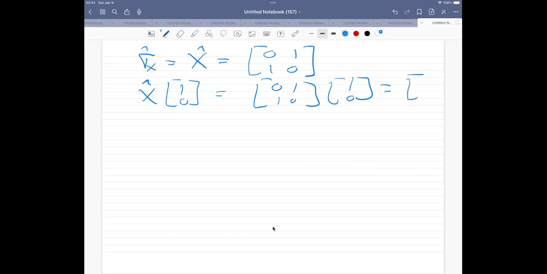And that is an operator which now flips the states. So we started with 0, and 0 goes over to 1.